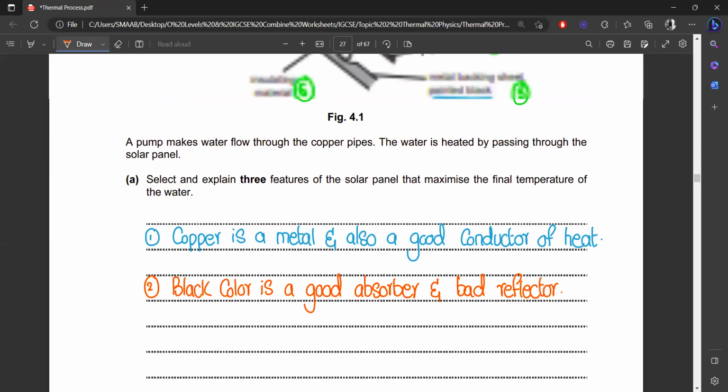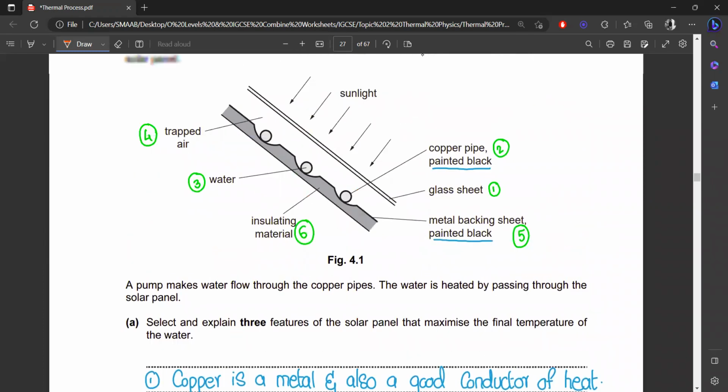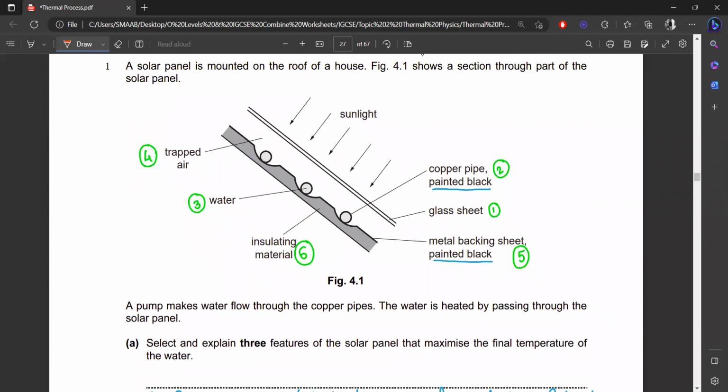So these are two points related to the solar panel that maximize the final temperature of the water.